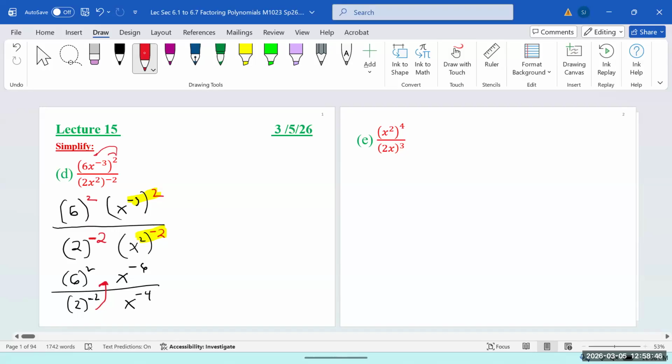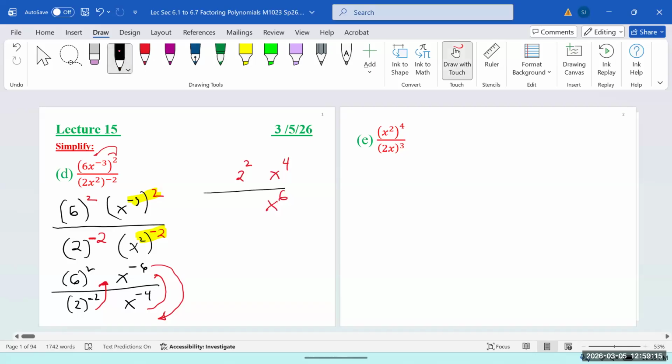The 2 on the denominator has a negative 2 power, so we bring it up: 2 to the positive 2. Then we have x to the negative 4 on the denominator. We need to bring it up on the numerator to make it positive 4. And now on the numerator, we have negative 6 power, so we need to bring it down on the denominator to make it positive 6.